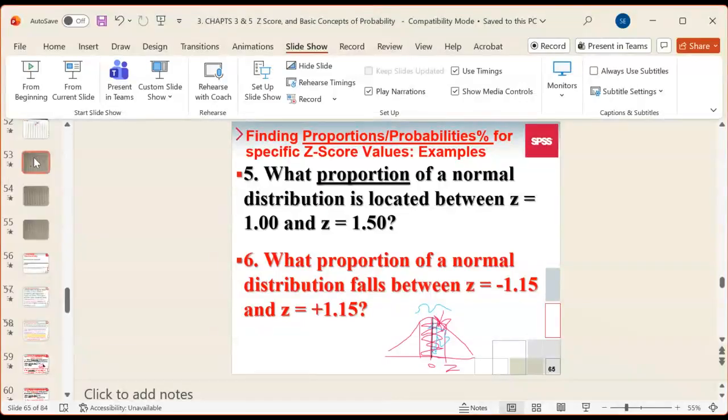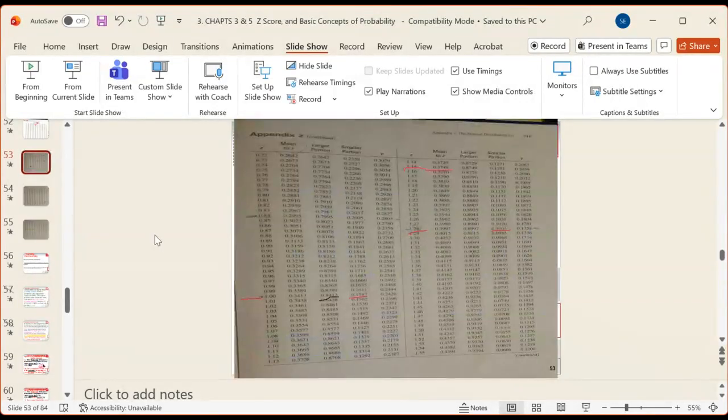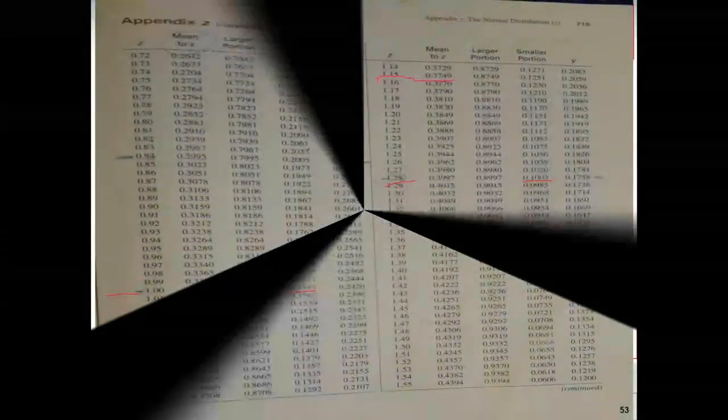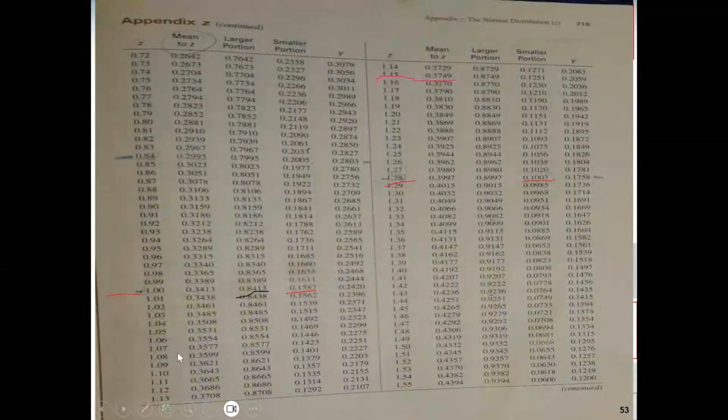1.15. I underlined it on the right side of the screen. Z is 1.15, so mean to z, right there, I underline it, is 0.3749.